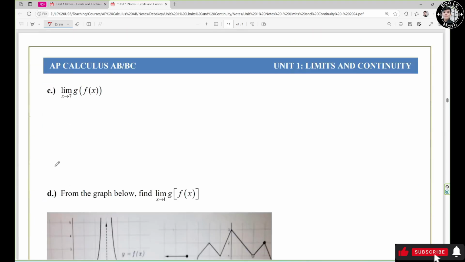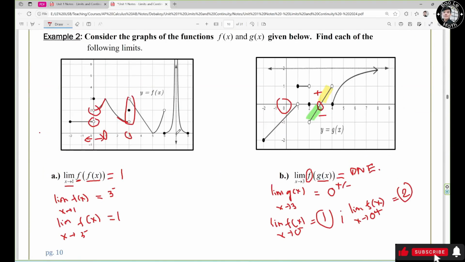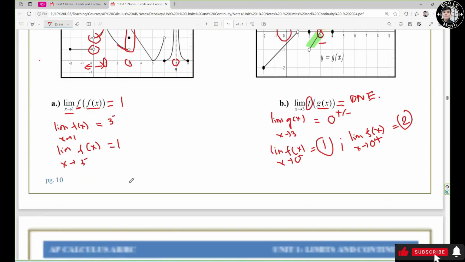Now let's move on to question C. Limit of the function g of f of s when s approaches 7. We need to calculate the limit of the inner function first. So the limit of f of s when s approaches 7: we look at the function f right here, s approaches 7 right here. From the left side or the right side, they both approach infinity.